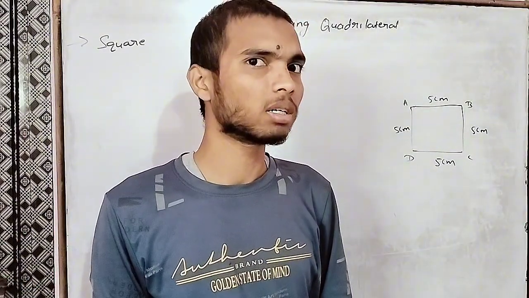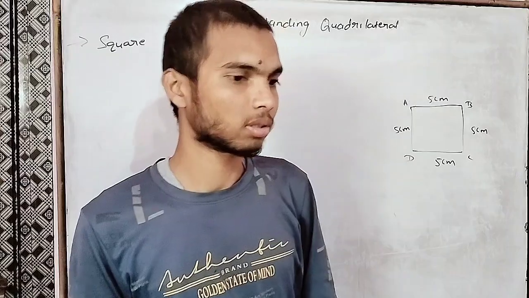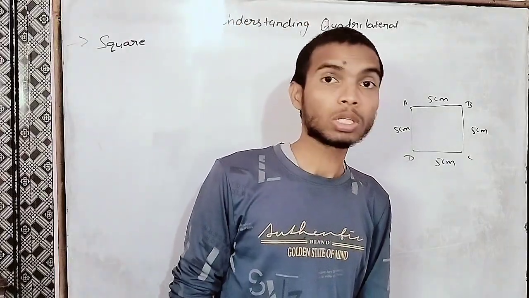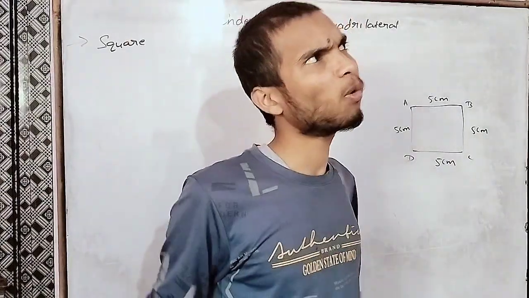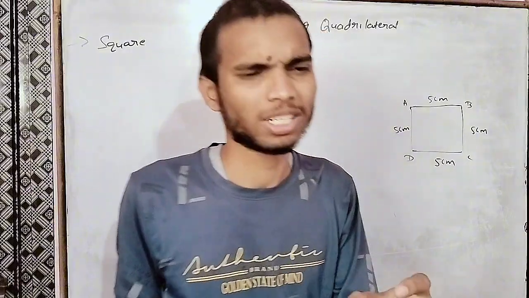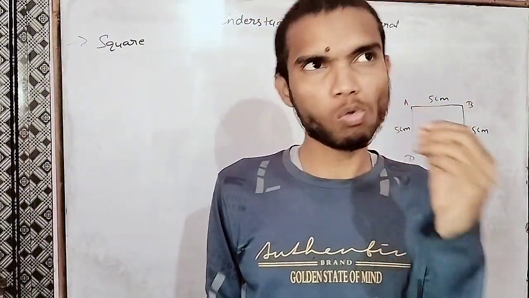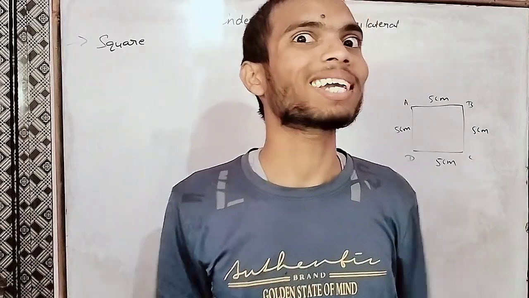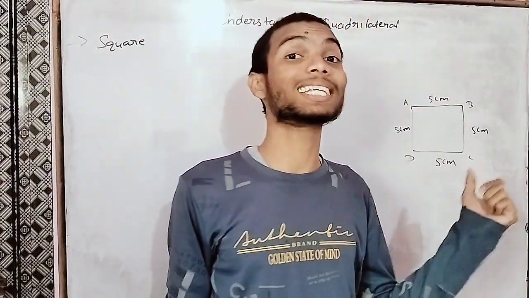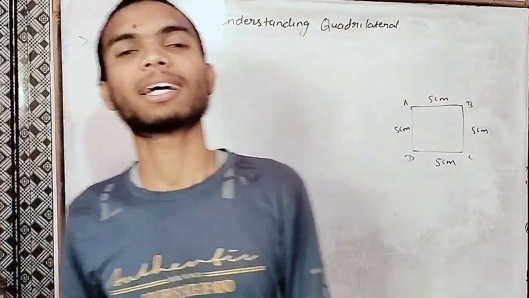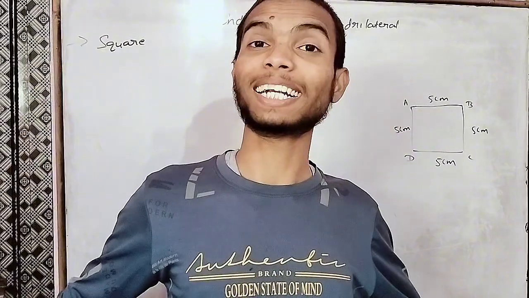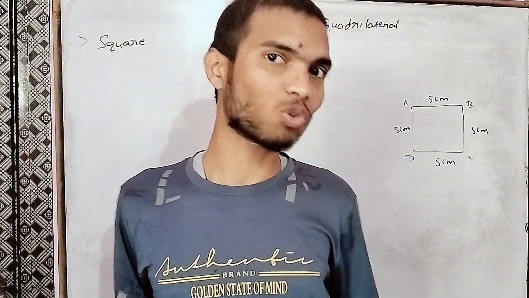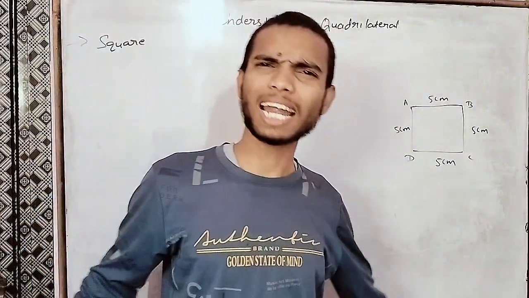Am I right? In the case of a rhombus, each interior angle was not 90 degrees, but in a square, each interior angle is 90 degrees.